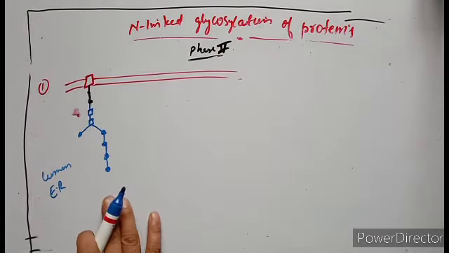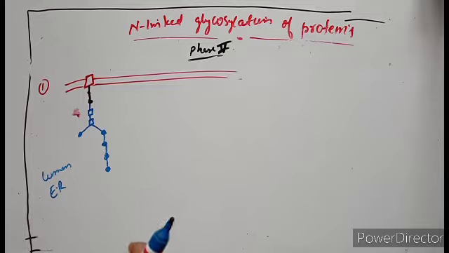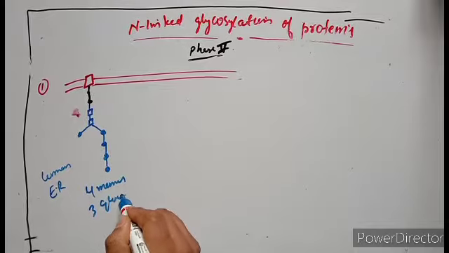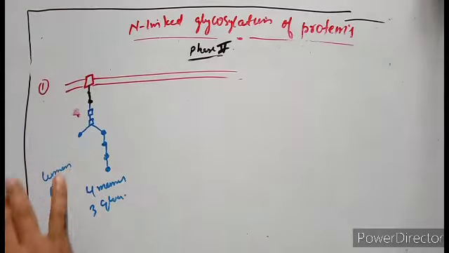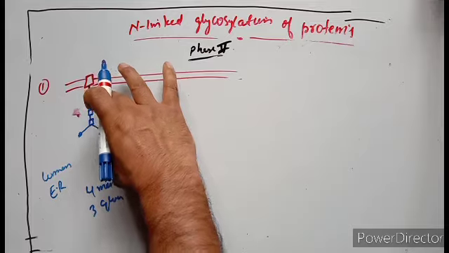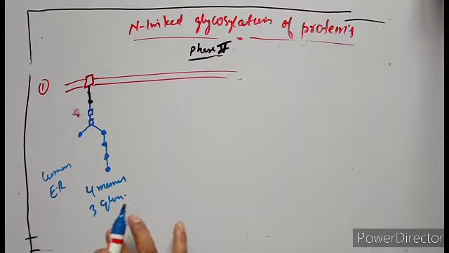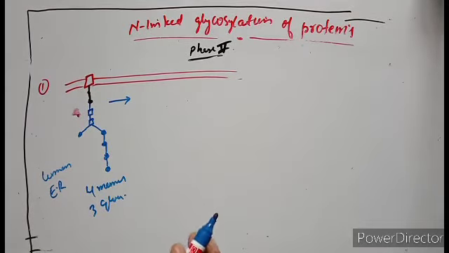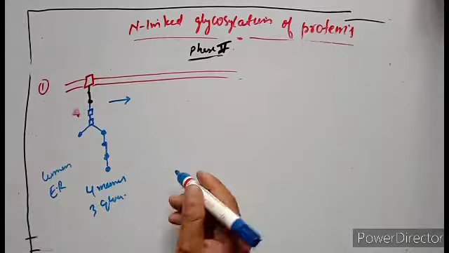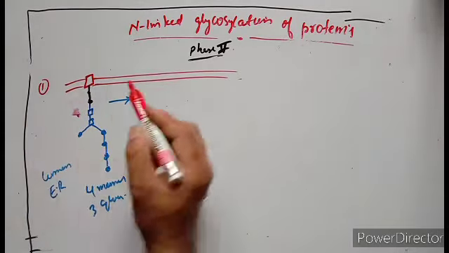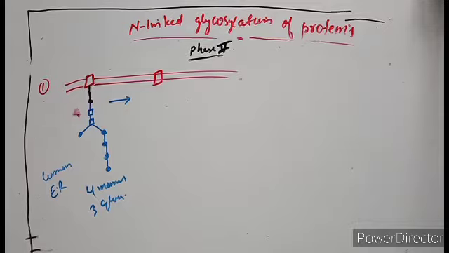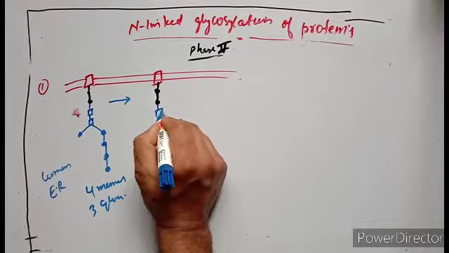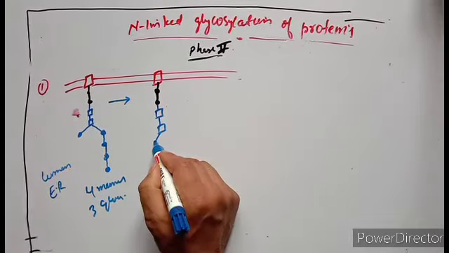Now on the luminal side, further four mannose and three glucose molecules are added to this particular dolicol polysaccharide residue, so that it will form our oligosaccharide. Okay.